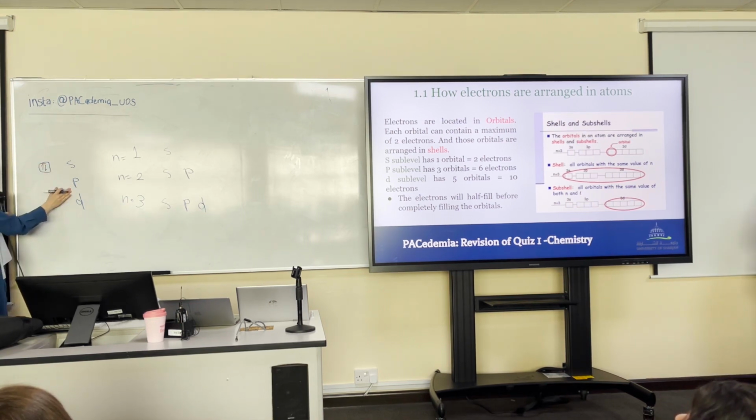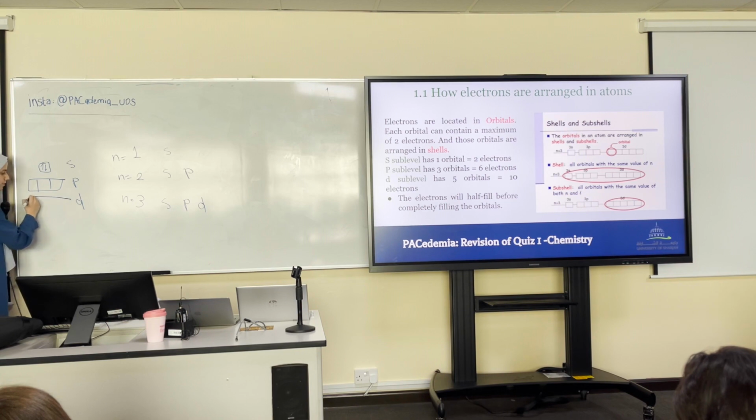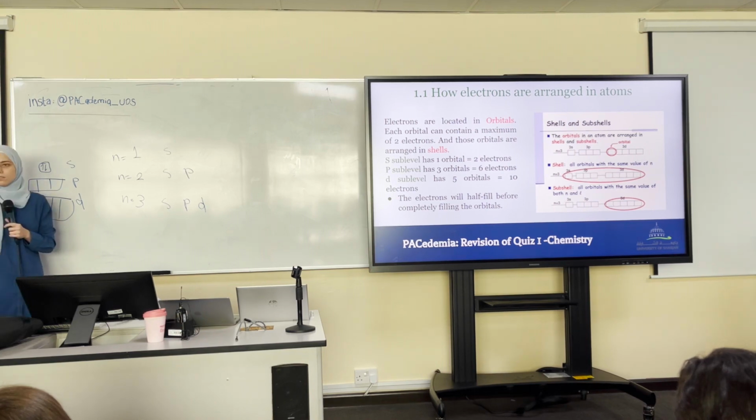For the P subshell, we have 3 orbitals, so 6 electrons. For the D subshell, we have 5 orbitals, so 10 electrons.